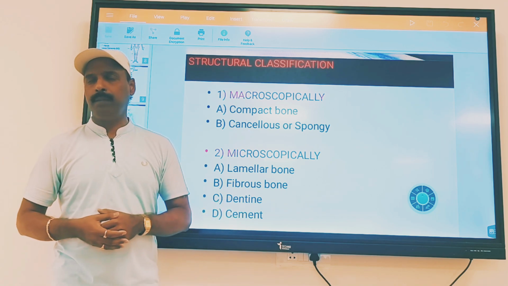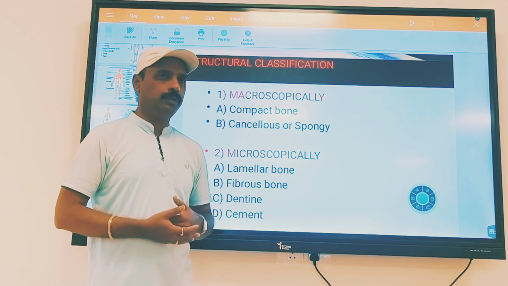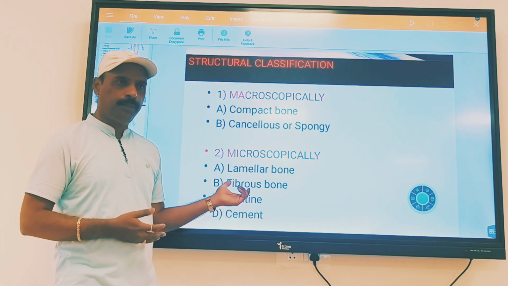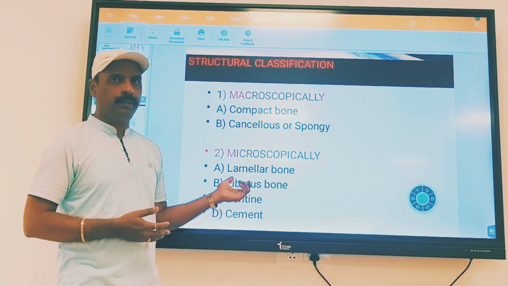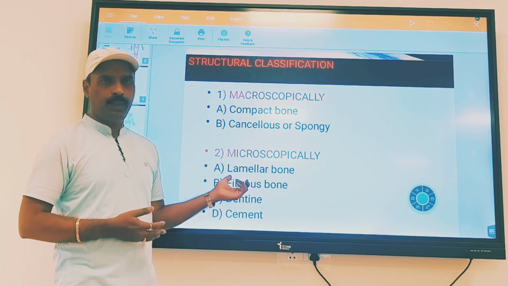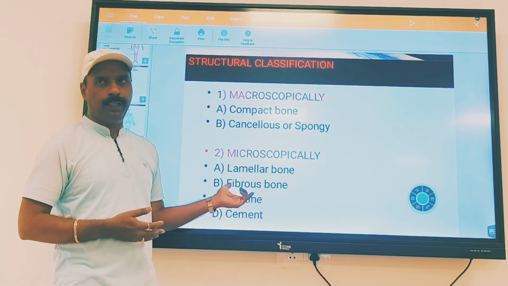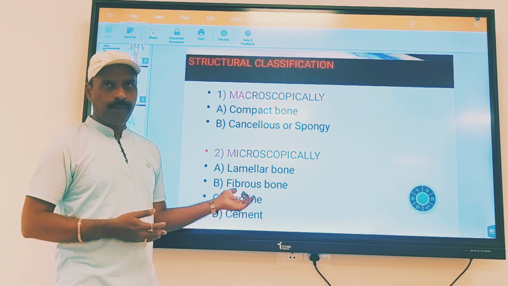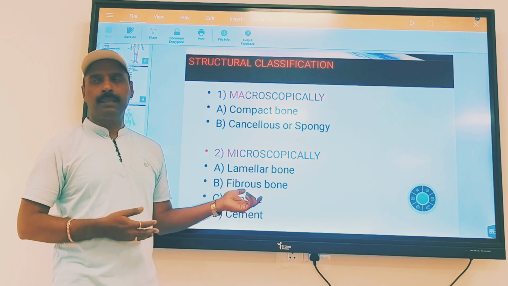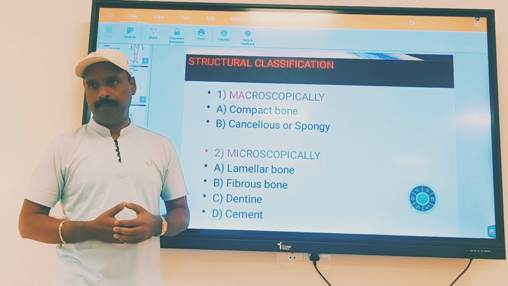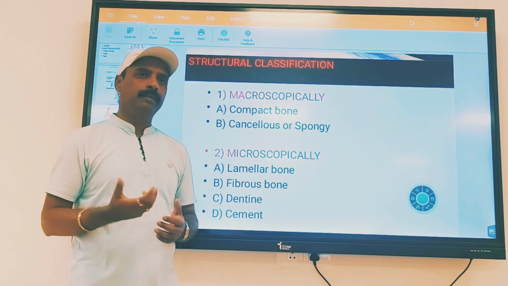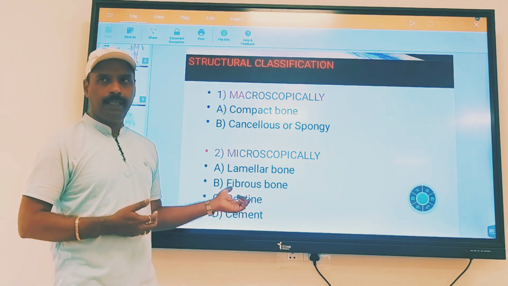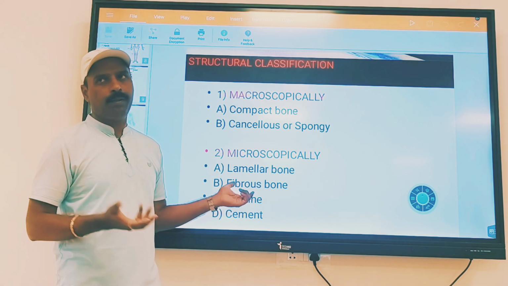These are the strongest parts of the tissue in our body. Dentin and cement are the hardest substances of the body, cement first and then dentin, and they are found in our tooth.